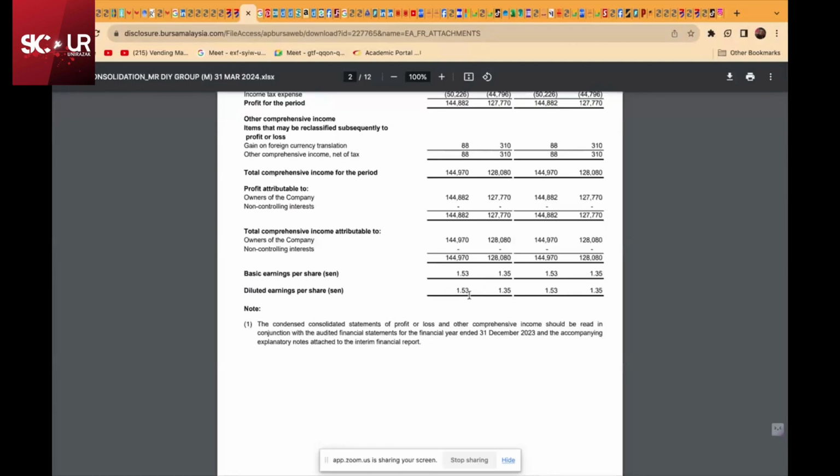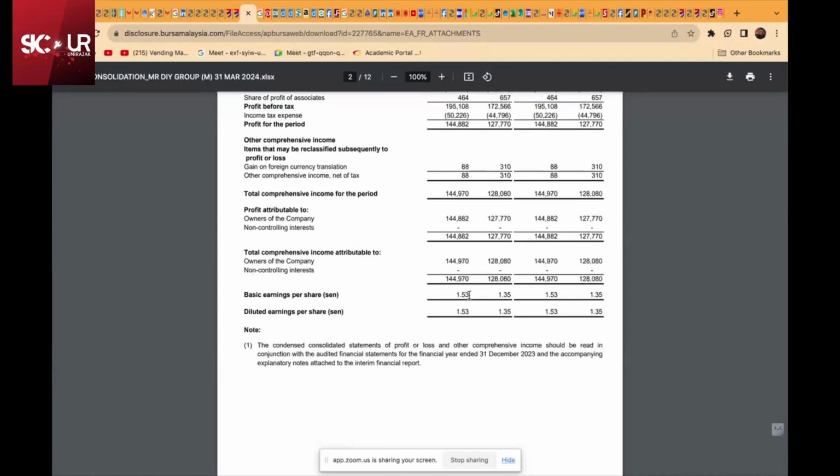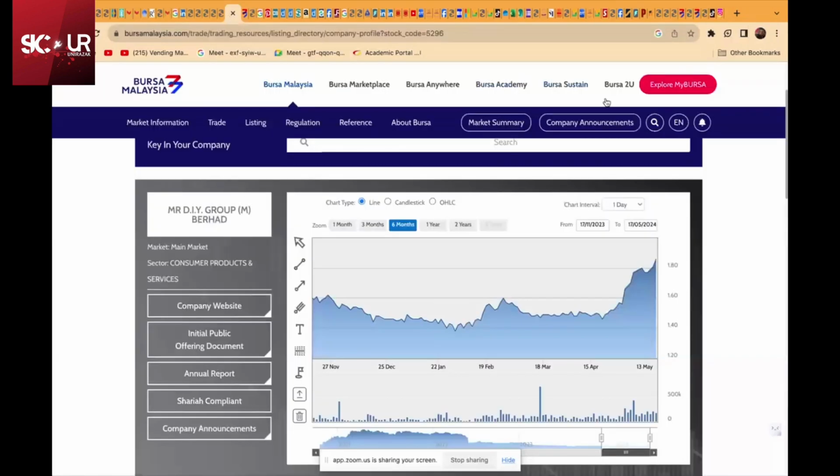So for example here, 1.53 multiplied by 4 is about 6, and the price is 186.